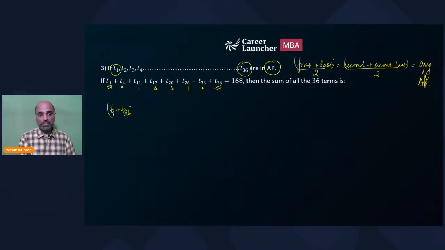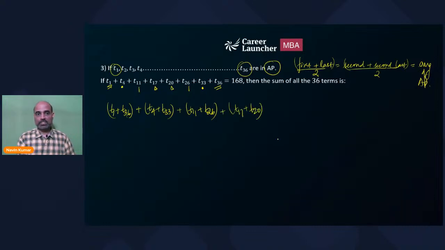So if I club T1 plus T36, similarly T4 plus T33, the 11th term and 26th term, the 17th term and 20th term, I will find that these are four pairs of terms which are equidistant from both the ends of this AP.